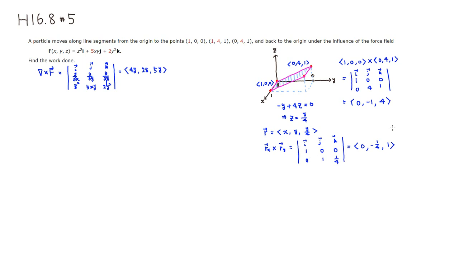So we can turn this into an integral. The work is the integral over the path C of vector F dotted with dr. By Stokes' Theorem, we can rewrite it as a double integral over this surface S of the curl of vector field F dotted with dS vector.